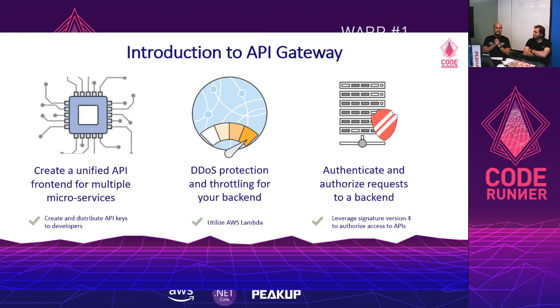API Gateway creates a unified API front end for our backend services, multiple microservices, APIs or Lambda functions. If we think about that, we create a package and put all our APIs in that package, and then manage them, monitor them, limit them.